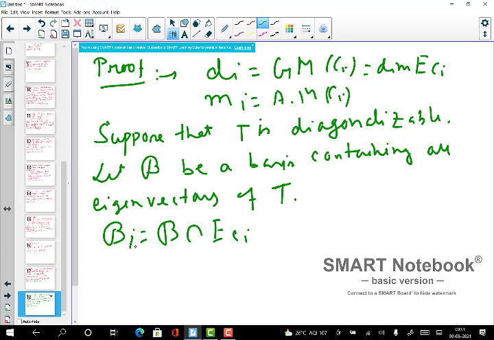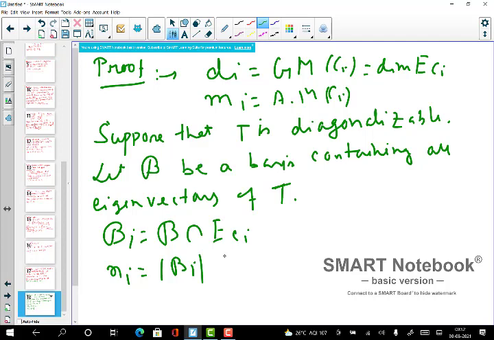Okay. So now suppose you want to know the cardinality of Bi. So let me write down that Ni is the cardinality of Bi. Then what is the relationship between Ni and di?